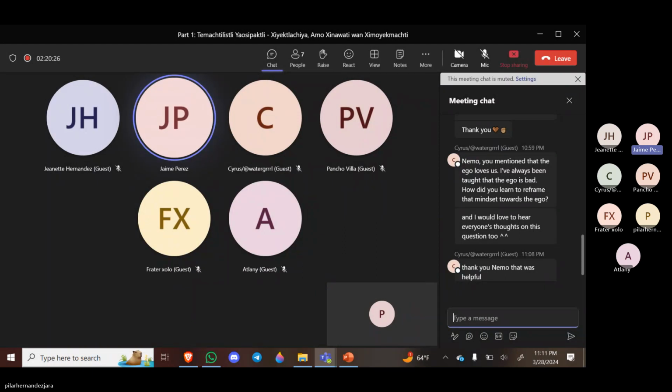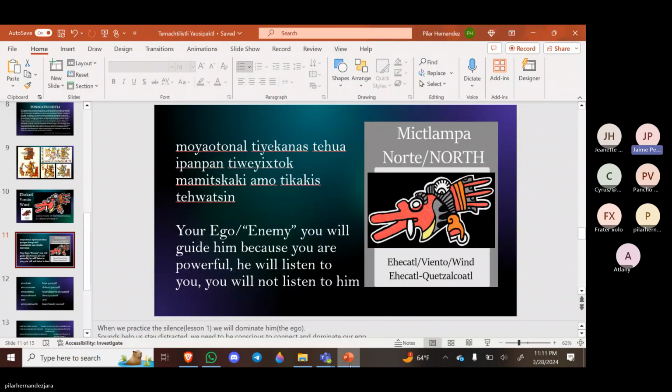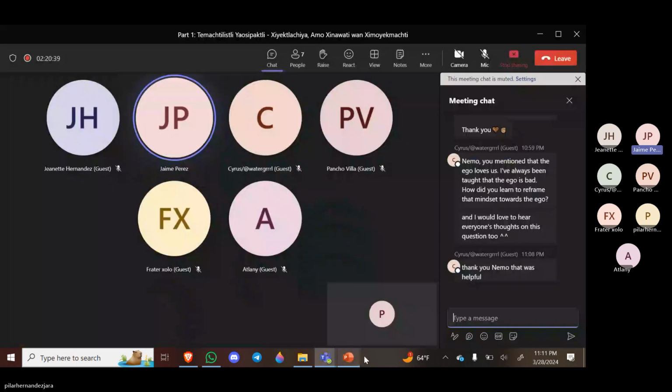But essentially we have a lot of unlearning to do, and that includes unlearning a lot of the things and the biases that were given to us, such as: the ego is your enemy, don't befriend it. You always have to be in this constant battle with your ego. None of that is true. We were actually meant to harmonize and to instill balance within ourselves.